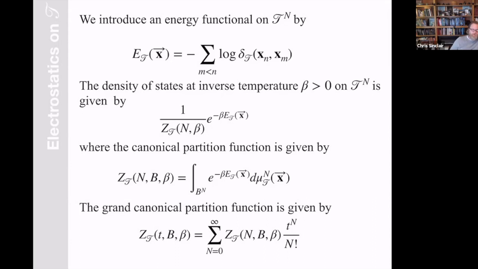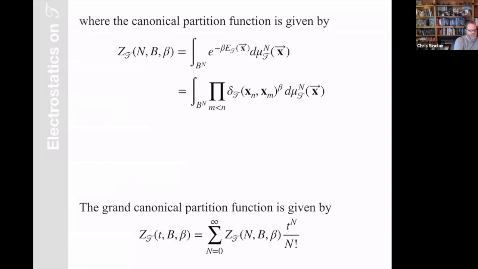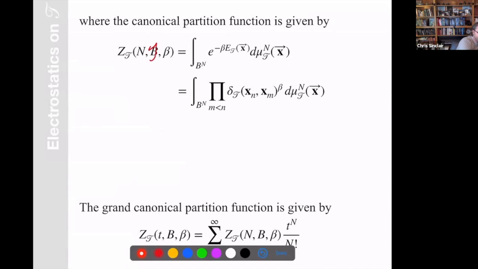Then we can make the grand canonical in the same way that we did before. We look at the generating function for the canonical partition functions. So everything is analogous here. When we do the exponentiation, we see that this becomes an integral. I should be integrating over T_n.